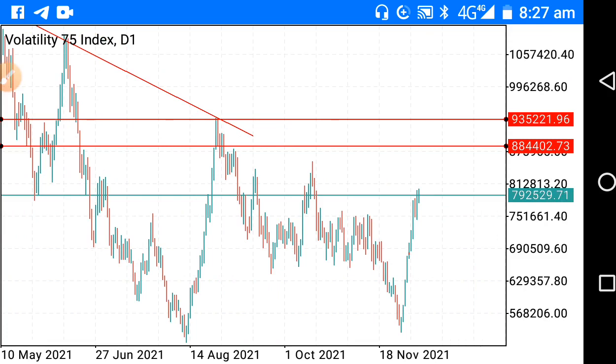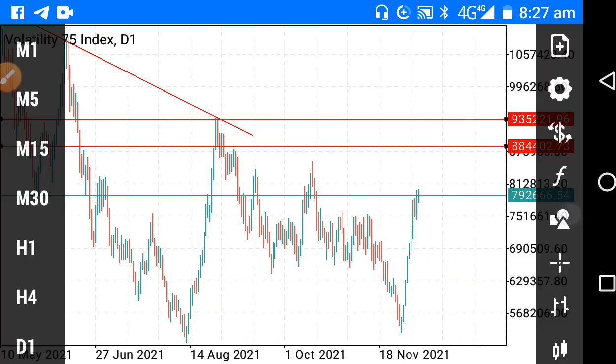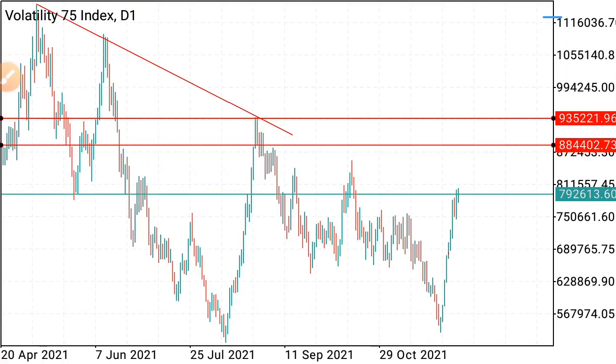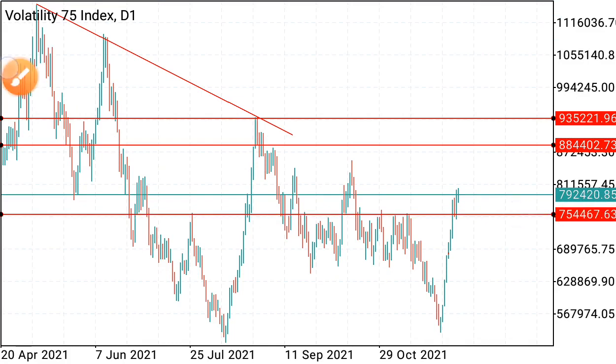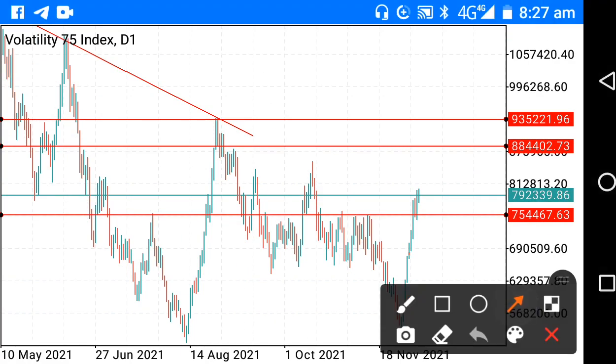My first take profit should be this first support and resistance level. You can see that price was going up at this region but was rejected. That's going to be my first take profit.